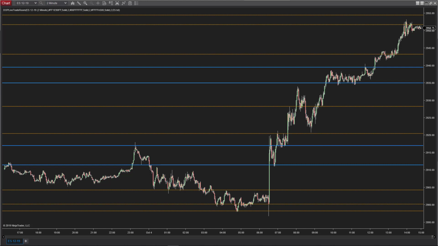So the blue lines end up being targets. The orange lines end up being interim targets that we can use to scale out of positions and then to get back in. And the process of using prediction points is so repetitive. We're getting in on every single one of these and watching for how many times they get hit.